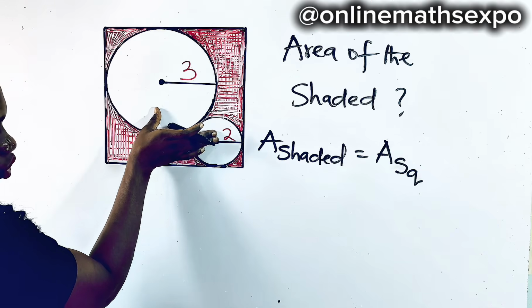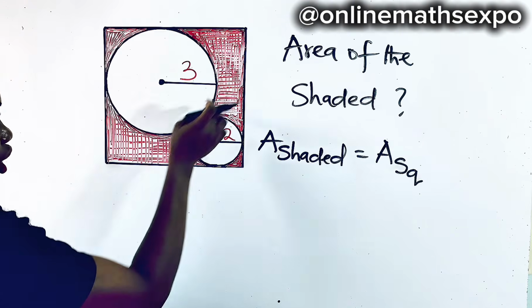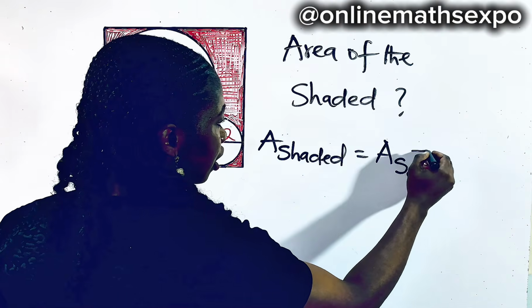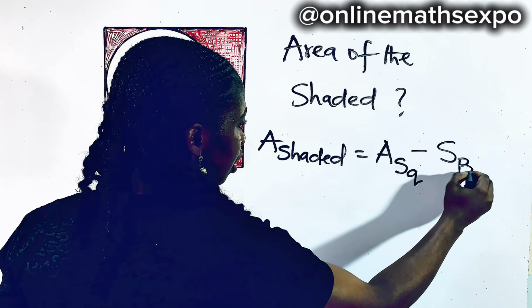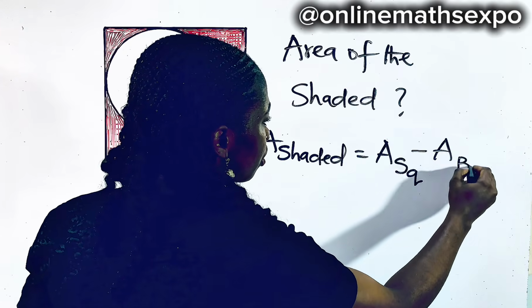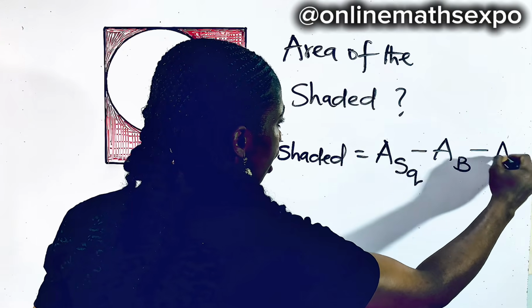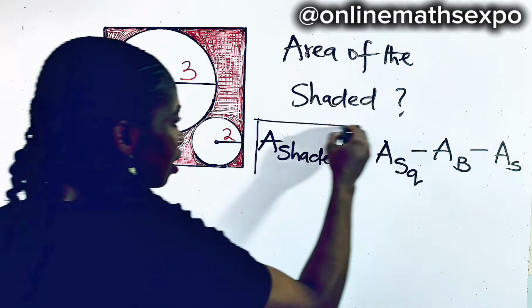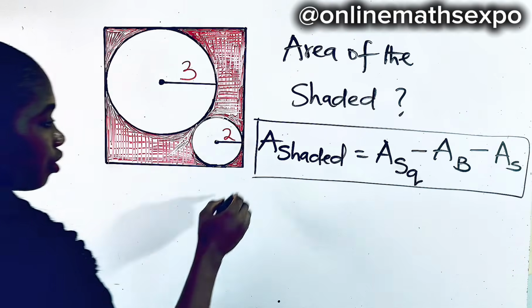When you subtract these two from the square, it gives you the shaded part. So it means minus area of the big circle, then minus area of the small circle. If we can do this, it gives us the area of the shaded.